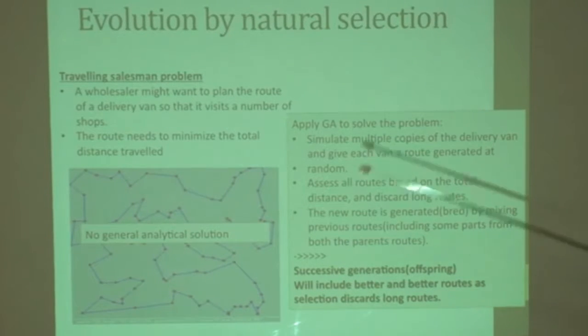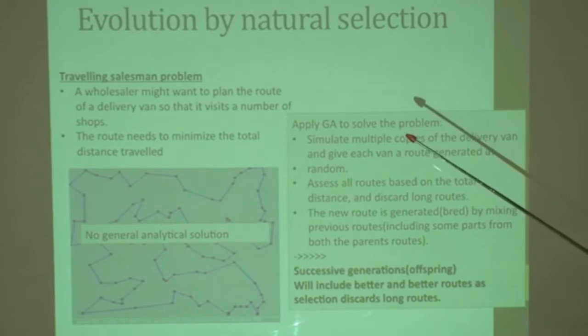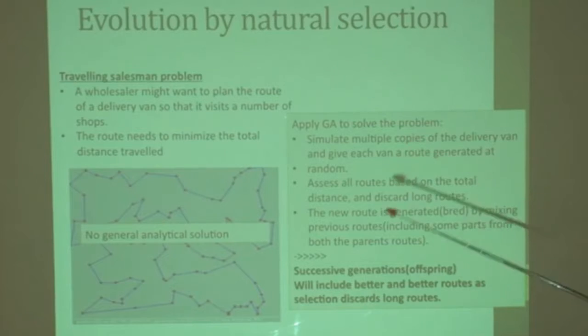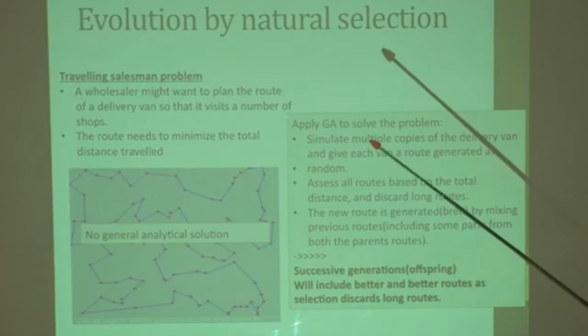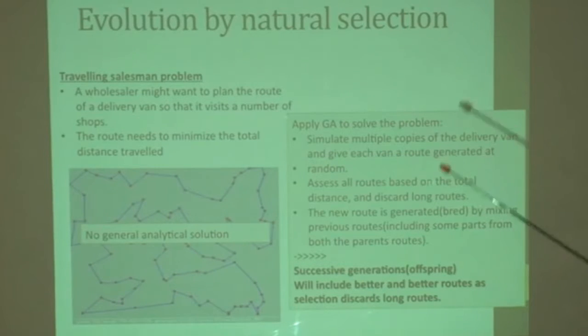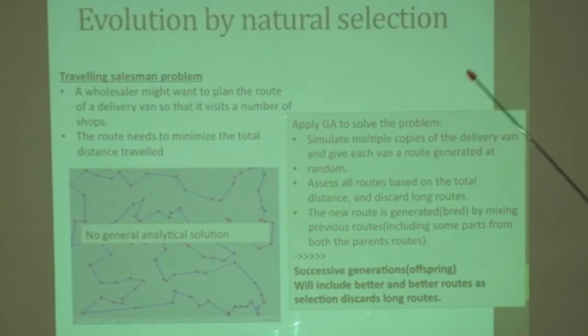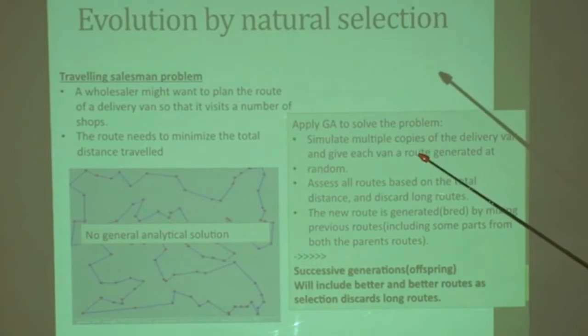These are the concrete steps. First, we simulate multiple copies of the delivery van and give each van a route generated at random. This initial route is generated at random. Secondly, we assess all the routes based on the total distance and delete the long routes.